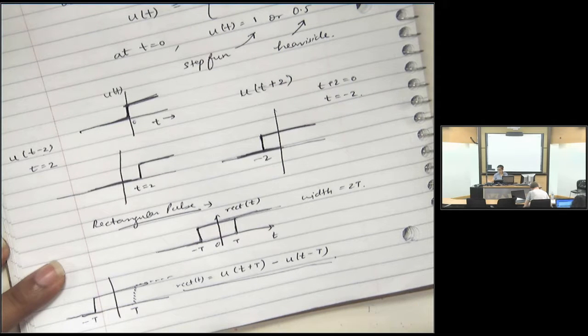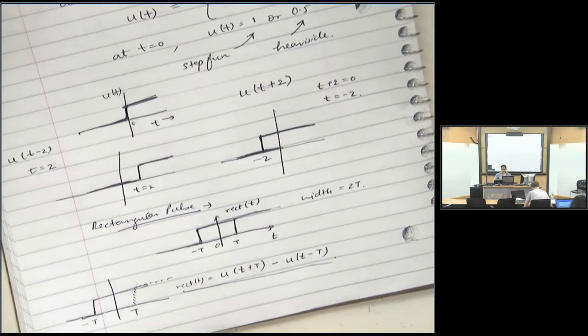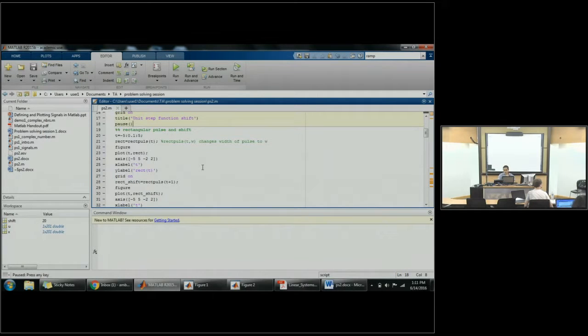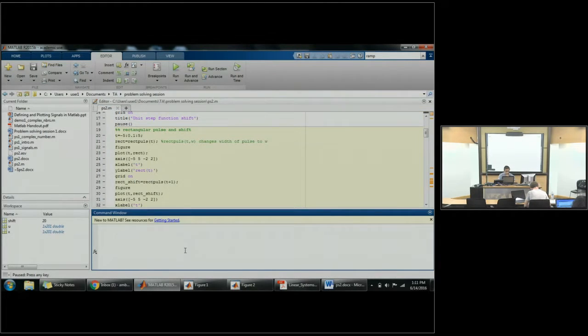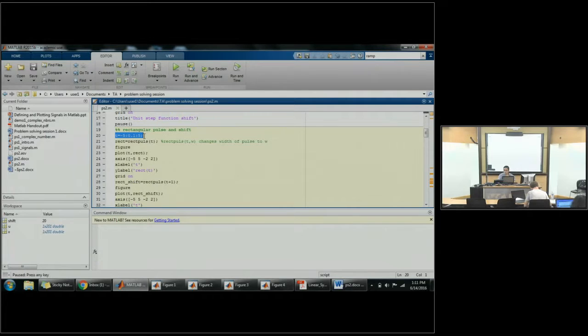Anything at all? Okay, so let's come back to MATLAB. In MATLAB you can define your rectangular function using the rect pulse command. So let me just run this for you. What we are doing here, as usual, our t is getting defined from some range, minus 5 to 5 over here.